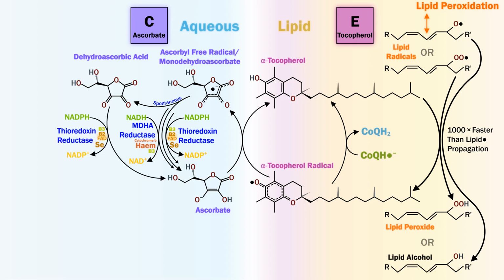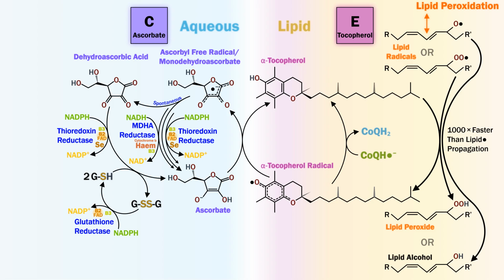The enzyme can also reduce the fully oxidized form of vitamin C. Dehydroascorbic acid can also be reduced non-enzymatically by glutathione and indirectly by glutathione reductase, which also again uses NADPH.